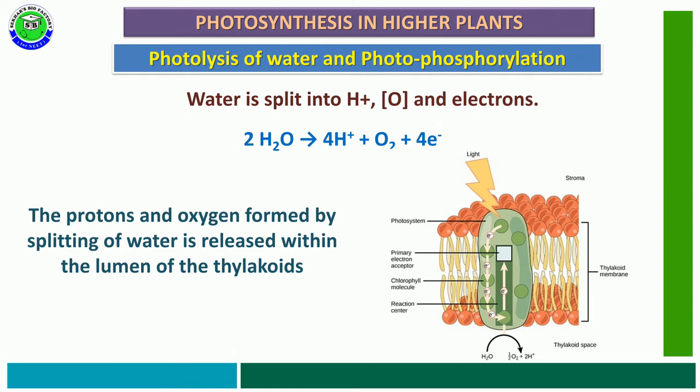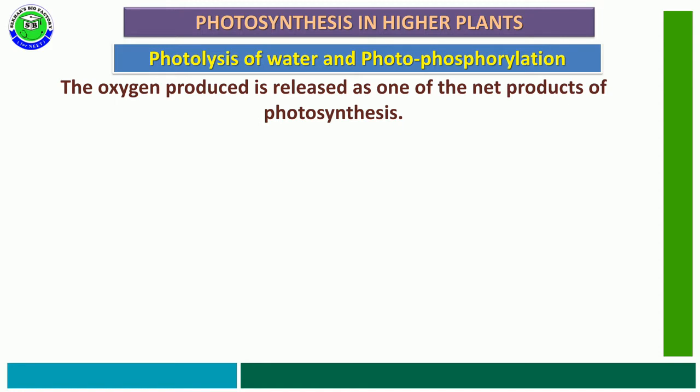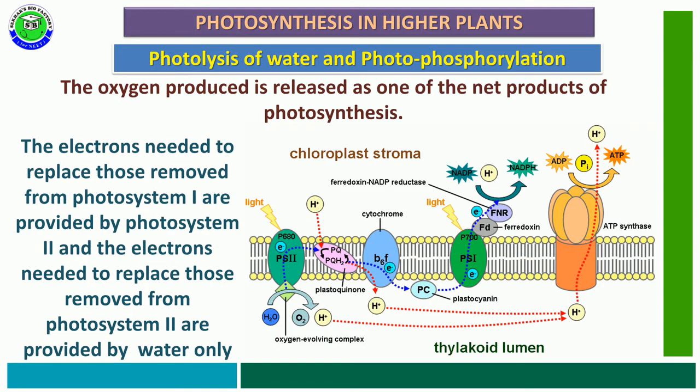The protons and oxygen formed in splitting of water molecule are released towards the lumen of thylakoid. And the oxygen which is produced in this photolysis of water as a byproduct is released as one of the net products in photosynthesis into atmosphere.